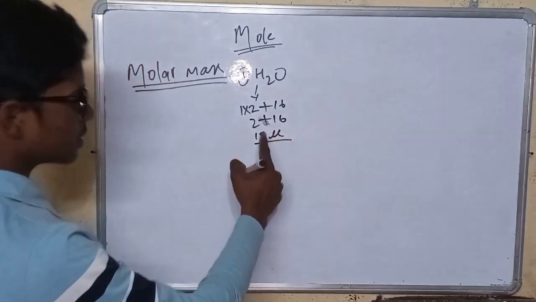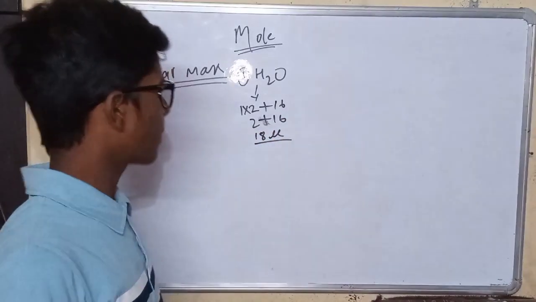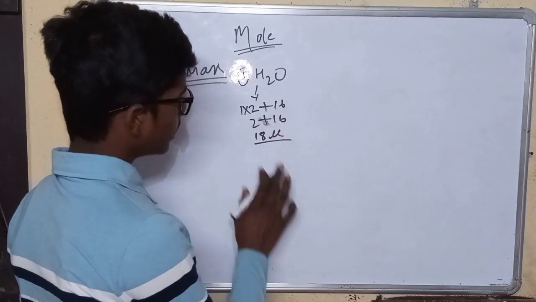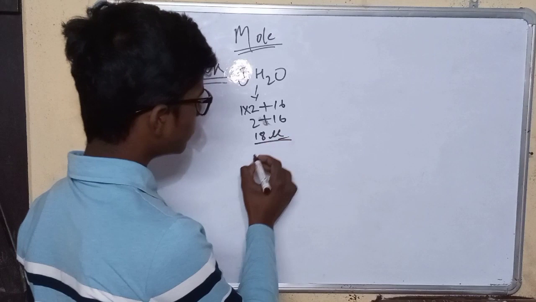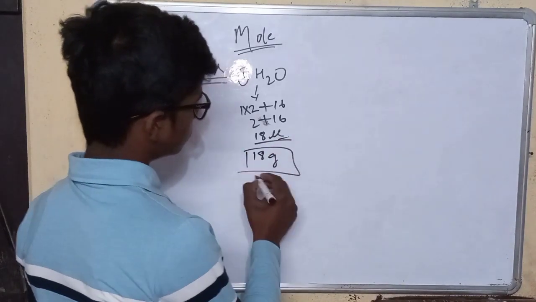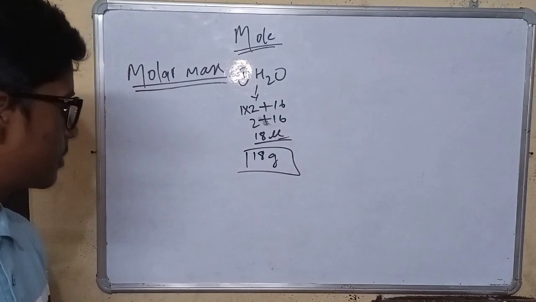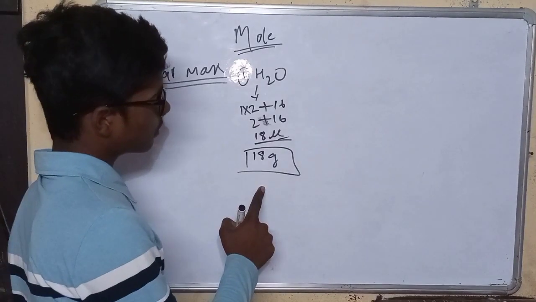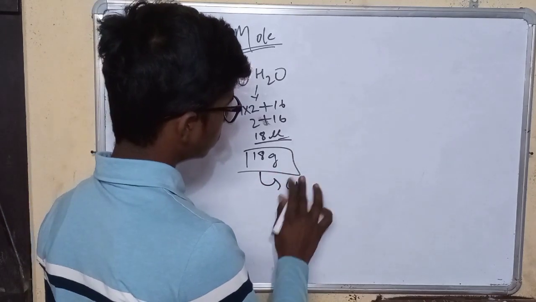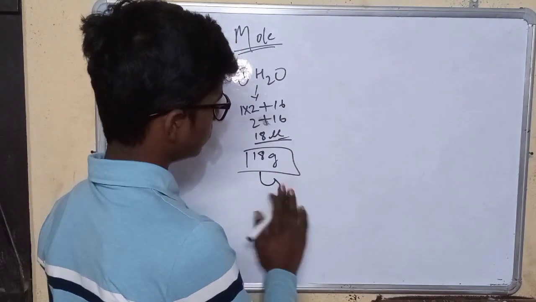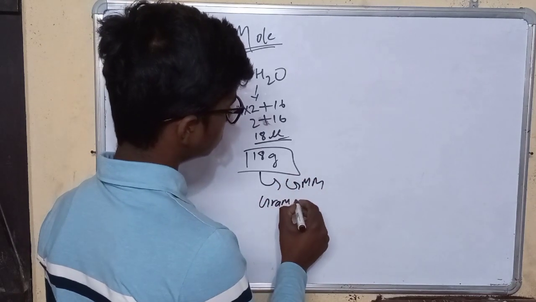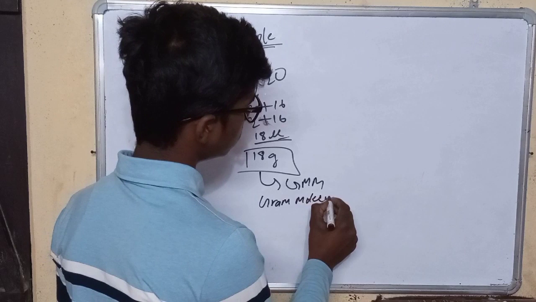As we know, u is the unit of mass. Now if we replace the unit u with g, then it is called GMM, gram molecular mass.